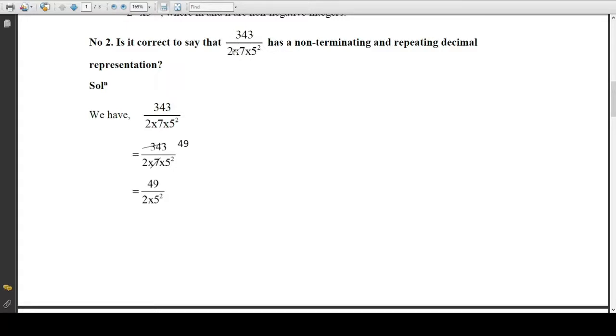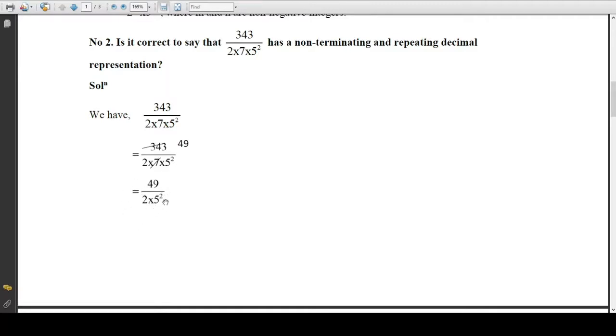Just by looking at this, we can say that yes, it is a non-terminating and repeating decimal representation, because it is not in the form 2^m × 5^n because of this 7. But if you take the lowest form of this expression, we get 49 by 2 × 5 squared.